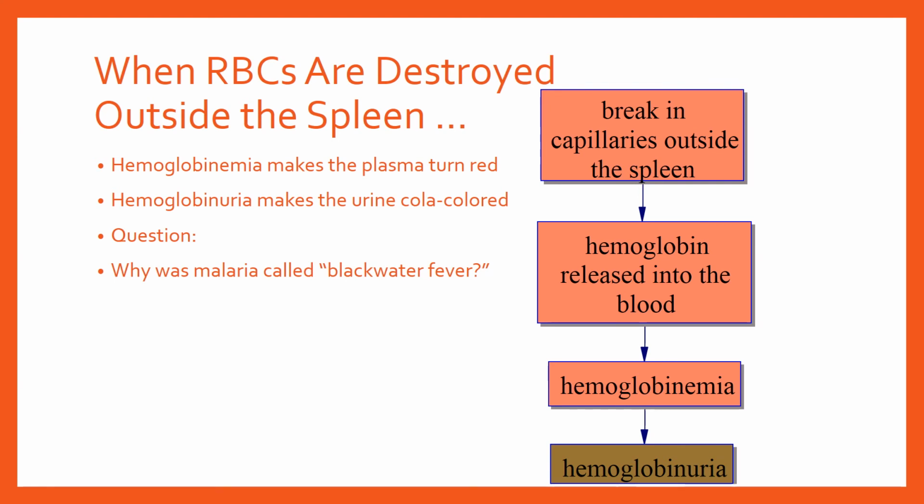So what happens when your red blood cells are destroyed outside the spleen? When it happens in some capillaries outside the spleen, which can happen, some worn and torn red blood cells will give up in the vessels, so hemoglobin will be floating freely in the blood.